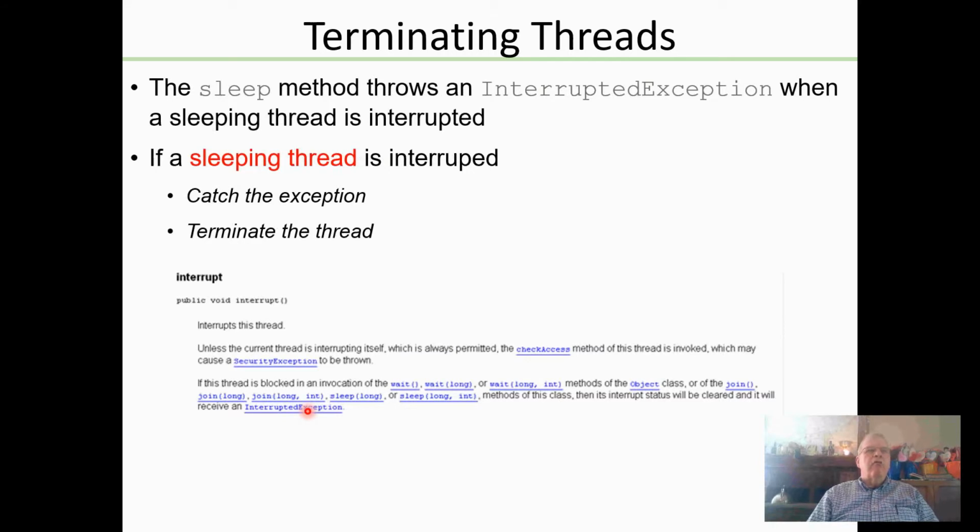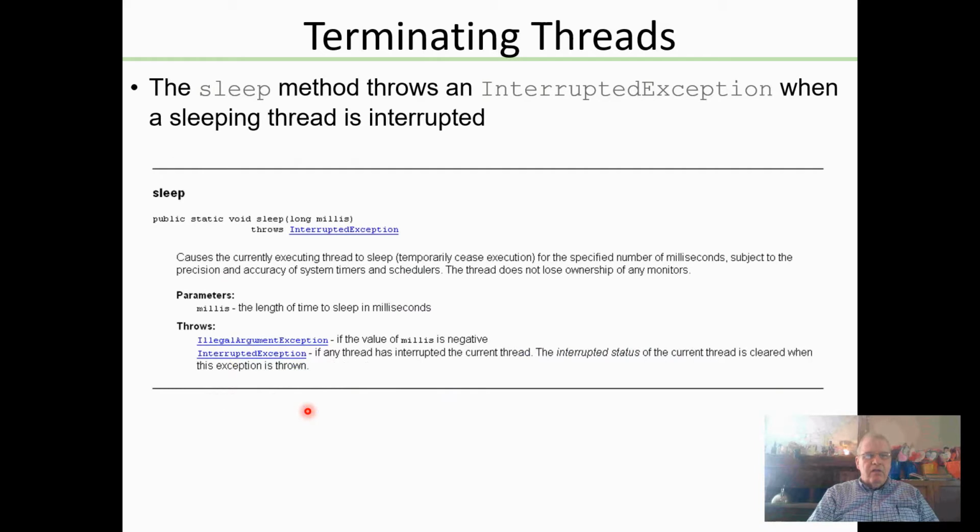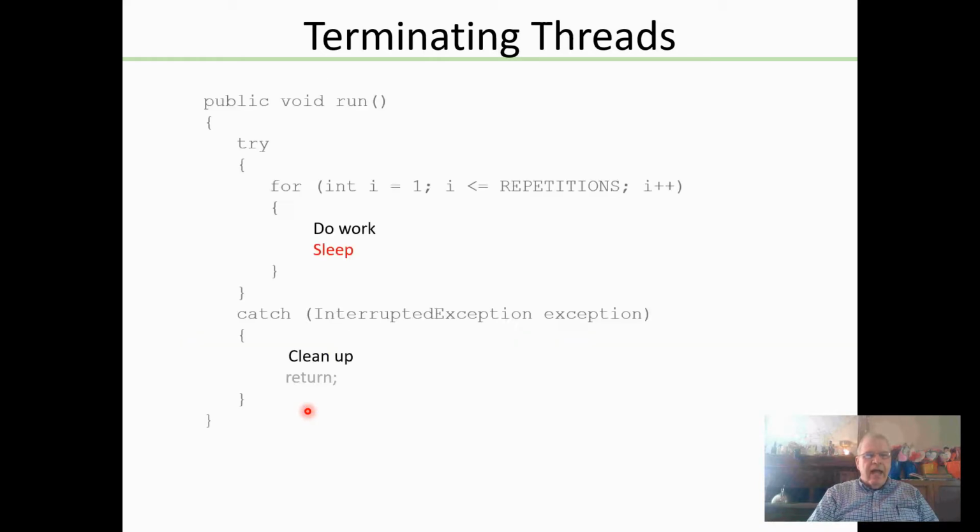But another more standard way is to account for the sleep method throwing an InterruptedException when a sleeping thread is interrupted. I'll show you the details of that in a minute. Suppose you have this thread and you say sleep a certain amount, say 1,000 milliseconds, 1 second.